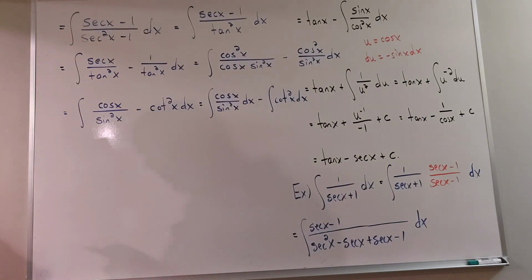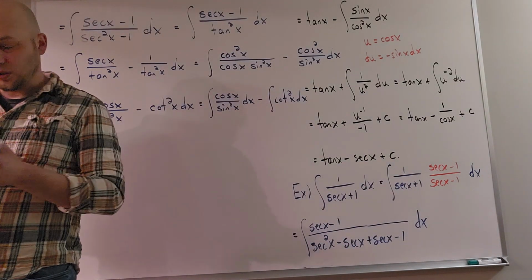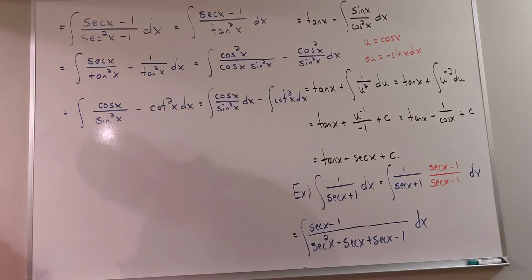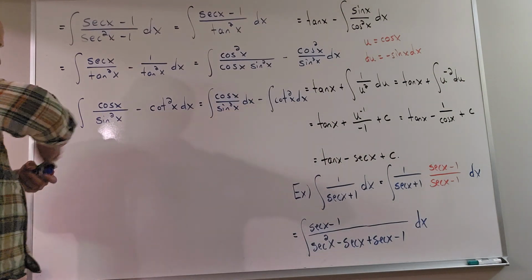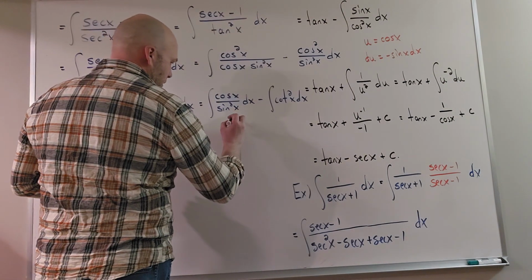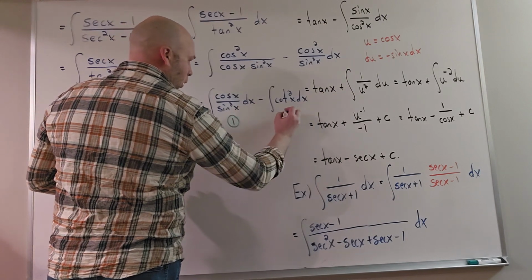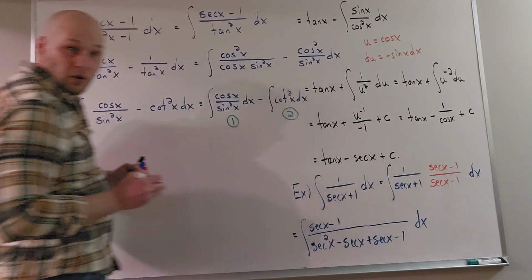For the first integral, we'll use a u substitution. For the second integral, for cotangent squared, we can rewrite that using a Pythagorean identity. So we will look at these two separately. Let's call that integral 1, and this integral 2.